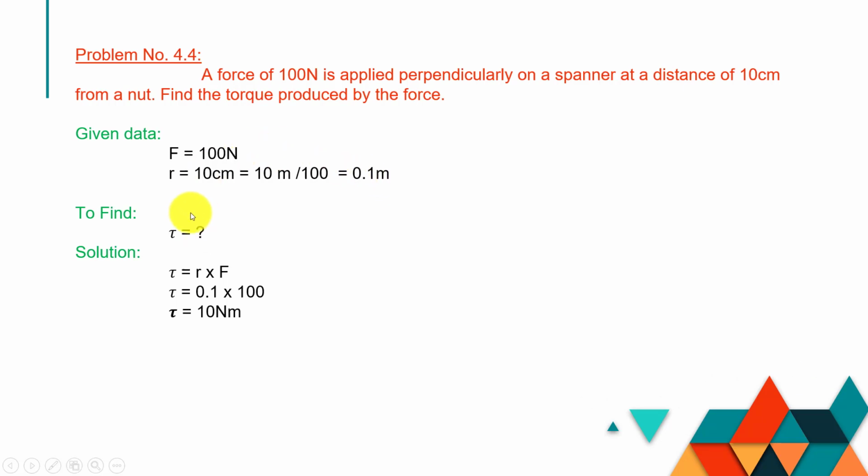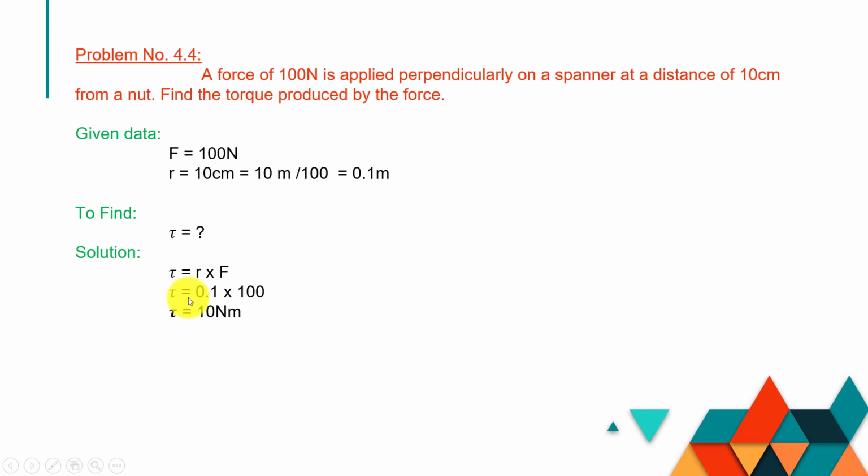Next, we have to find out the torque which is produced by that force. So we know that the formula of calculating torque is equal to r multiplied by F. So by putting the values of r and F in this formula, we can easily find out the value of torque.